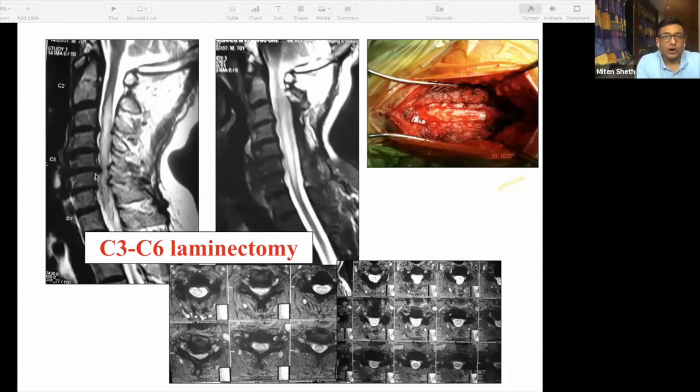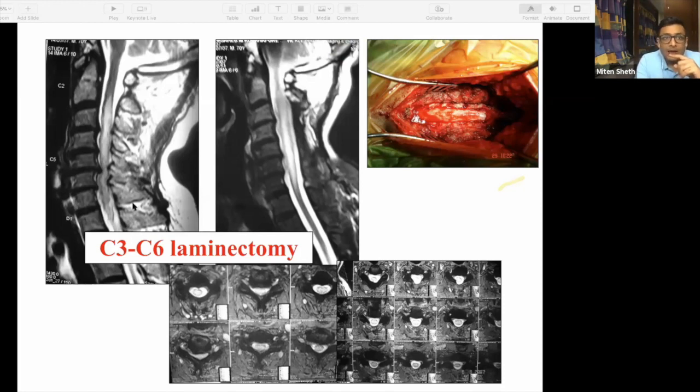Here the patient had cord compression. So what we did is we did a laminectomy, and after that when you see the spine, you will see that there is no cord compression. So this is for your eyes to understand what cord compression looks like and what no cord compression looks like, which means there is cord compression over here, there is maybe a little bit of cord compression here, but here the cord is just touching. There is no cord compression because on an axial image, the entire cord is free on both sides.